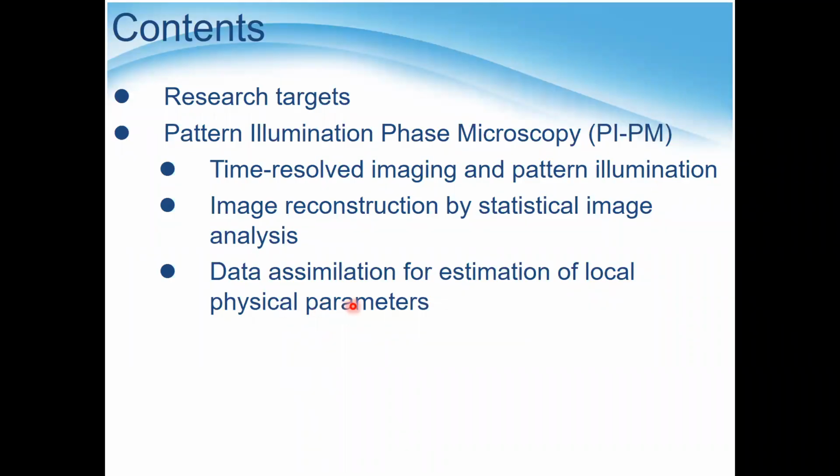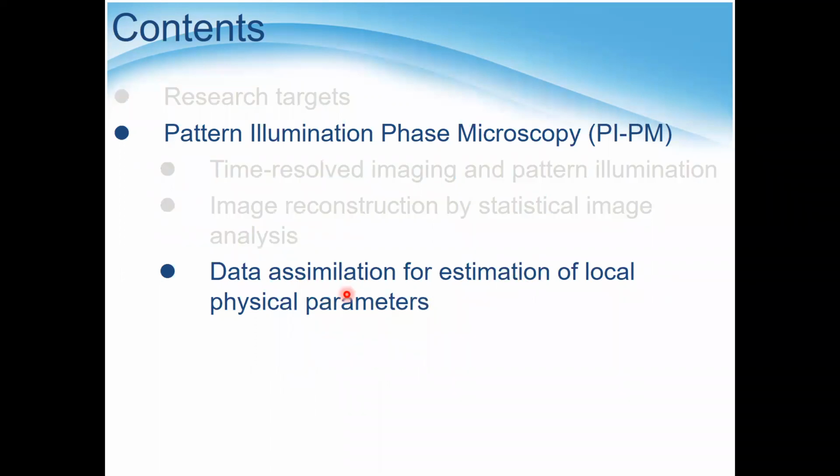So finally, I am going to talk about data assimilation for estimation of local physical parameters. Because this is a microscopic technique, we want to obtain the local physical parameters, meaning lifetime and the transport properties of the charge carriers, and we use a data assimilation technique.